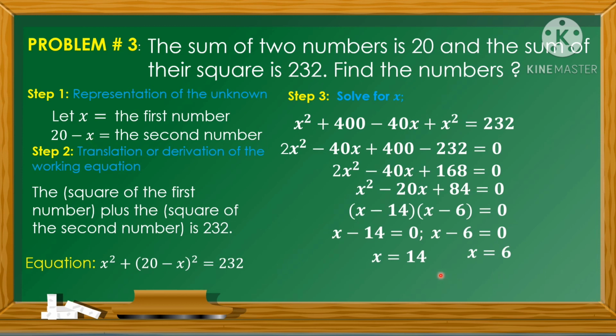So therefore, 14 and 6 are the two numbers. If 14 is your first, your second is 6. But if you consider 6 as your first number, then the second number is 14. Okay? So, therefore, the two numbers are 6 and 14. So, that's the final answer.